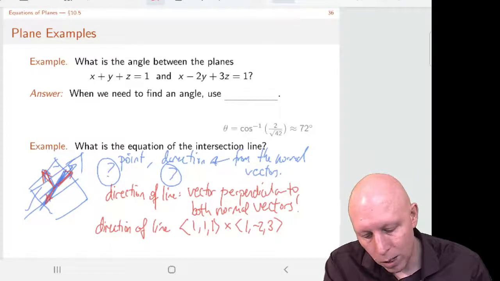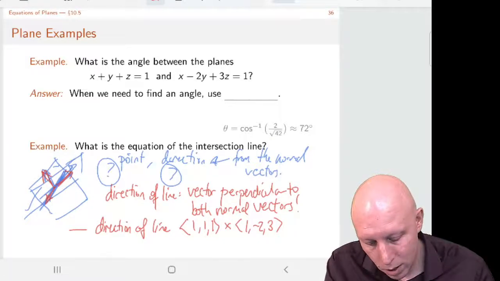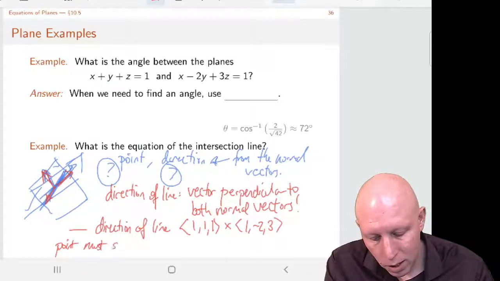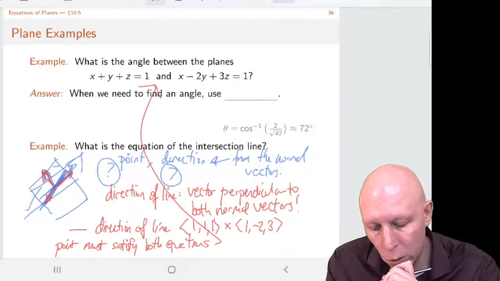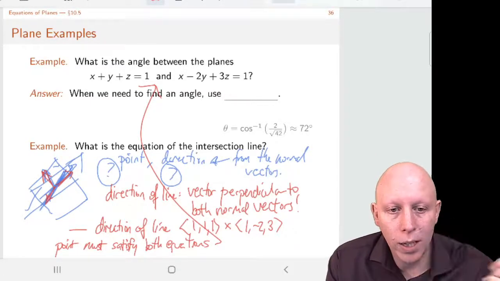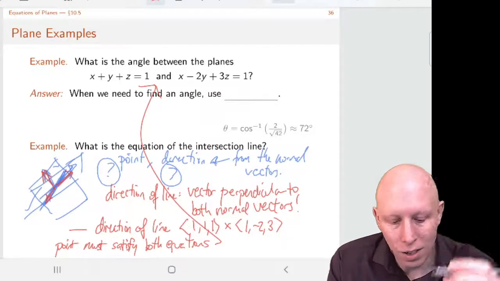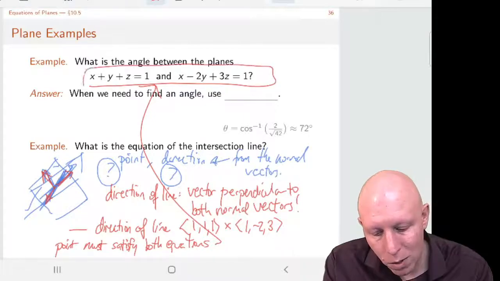All right, and so that's the direction of the line, and we also need a point on the line. The point on the line must satisfy both equations. So I'm going to just choose a nice value that's going to make it easy to solve these equations.